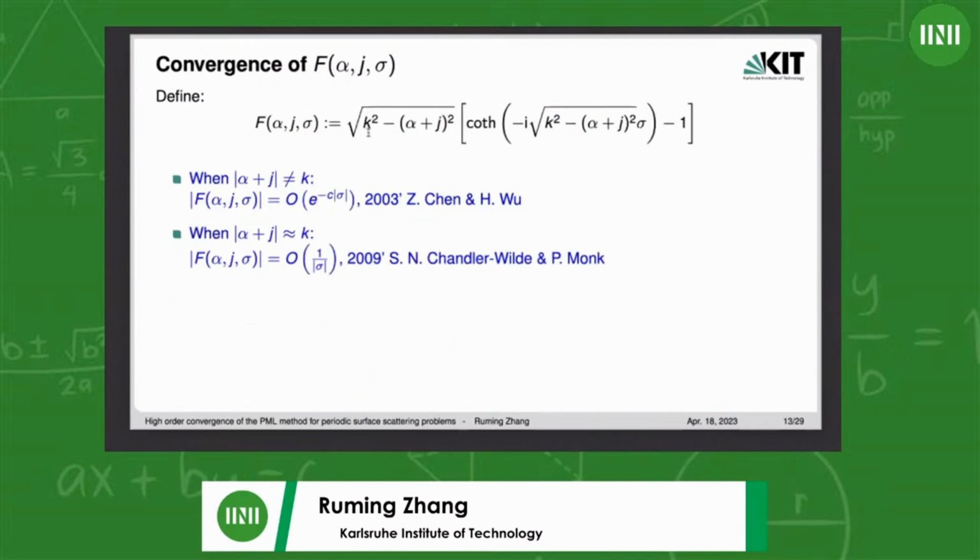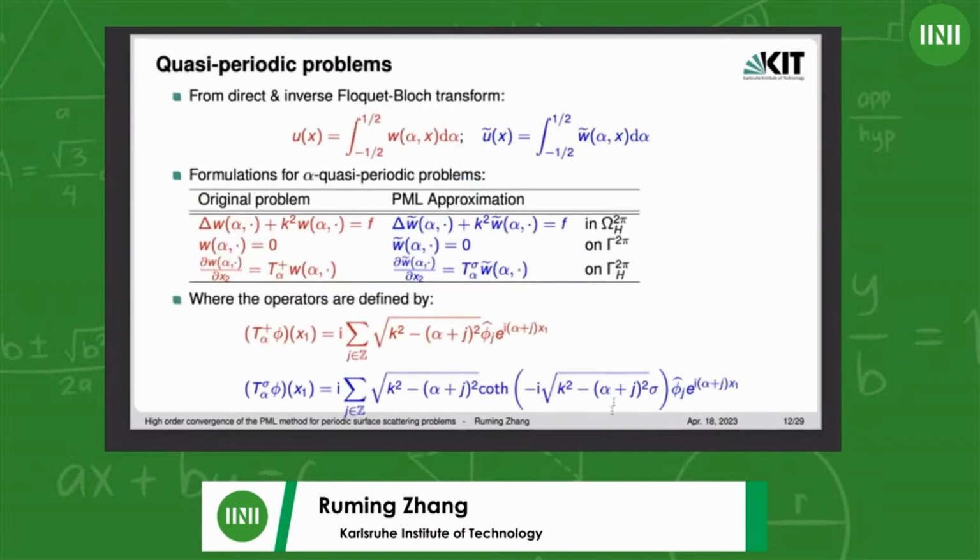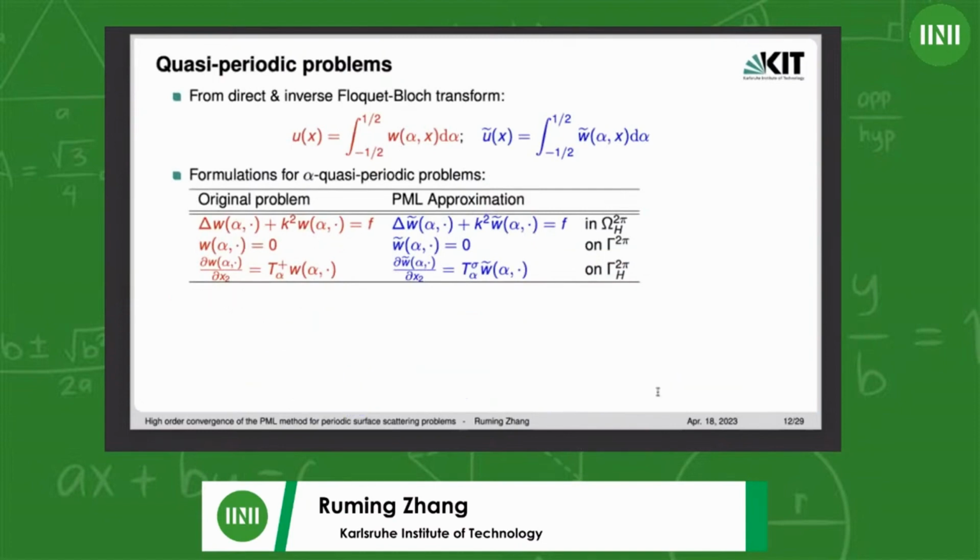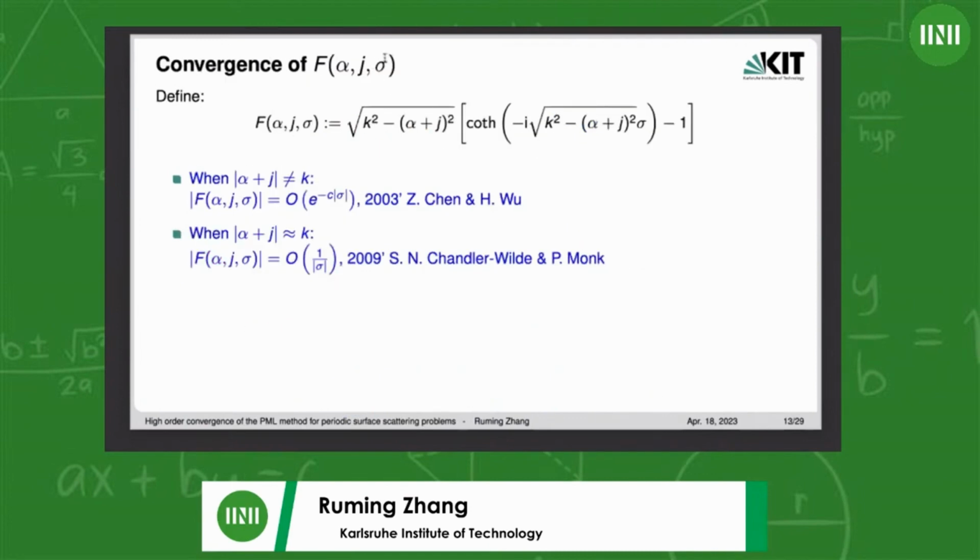The difference in the map is written as this function f of alpha, g and sigma. So this is the difference between these two functions. It depends on alpha, g and the parameter sigma. We want to consider the convergence with respect to sigma.